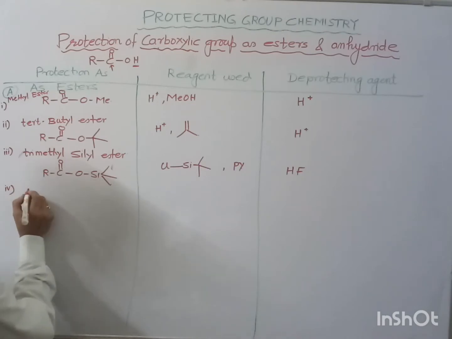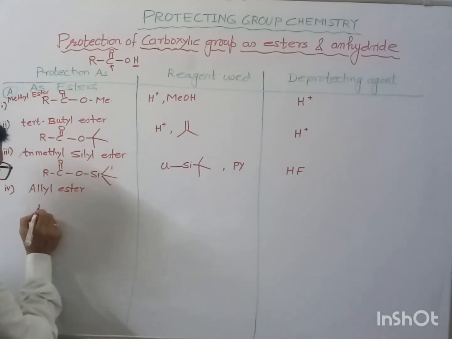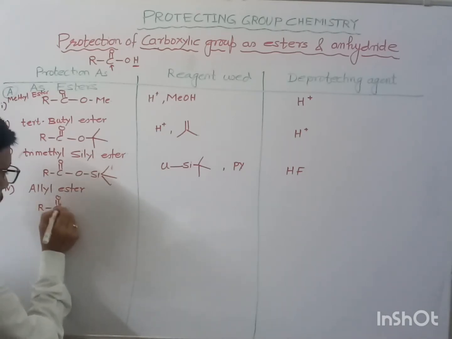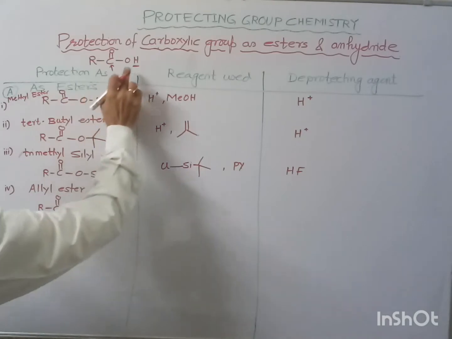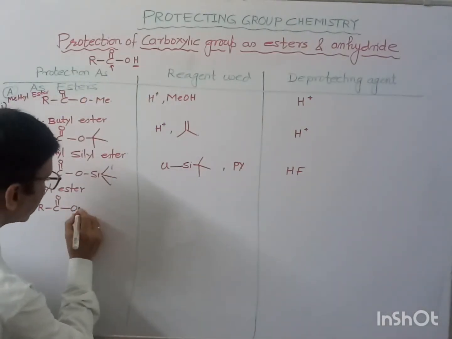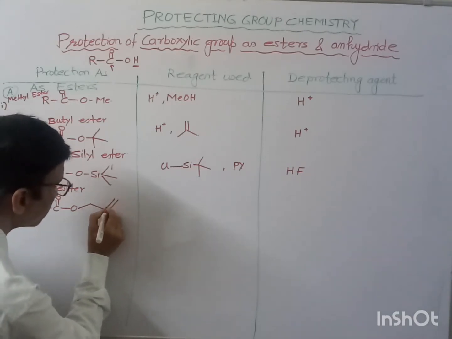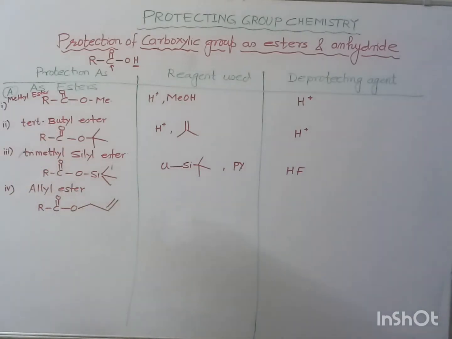In the same way, we can write the allyl ester, that is RCOO, and in place of H we can write the allyl group. So I have written this allyl group.